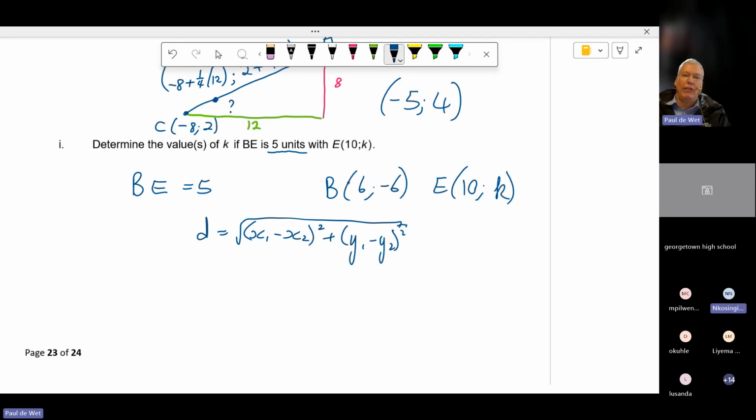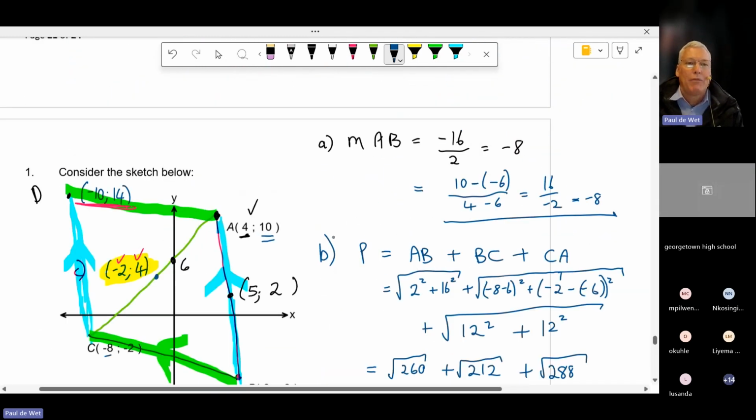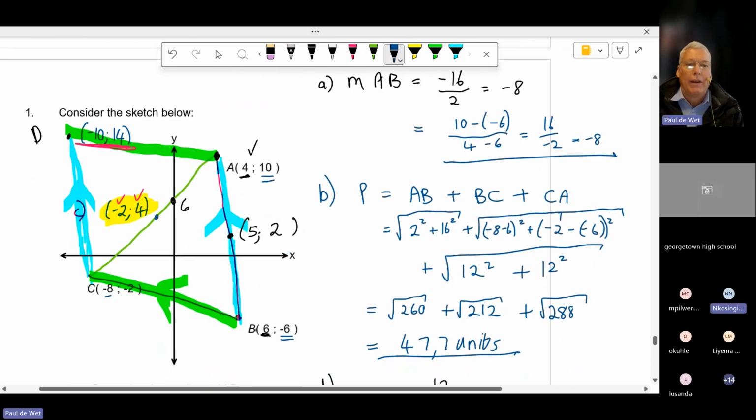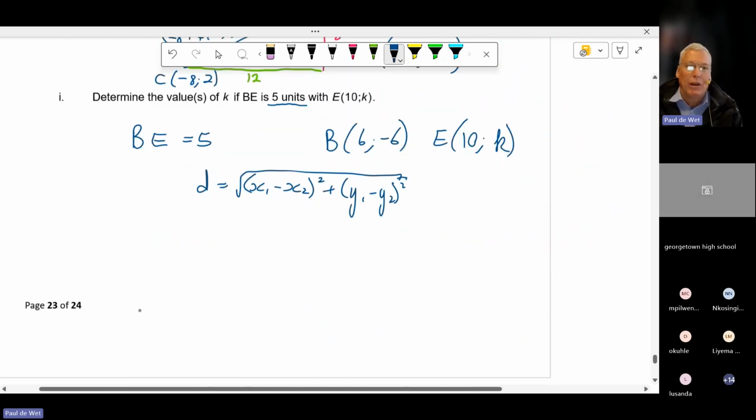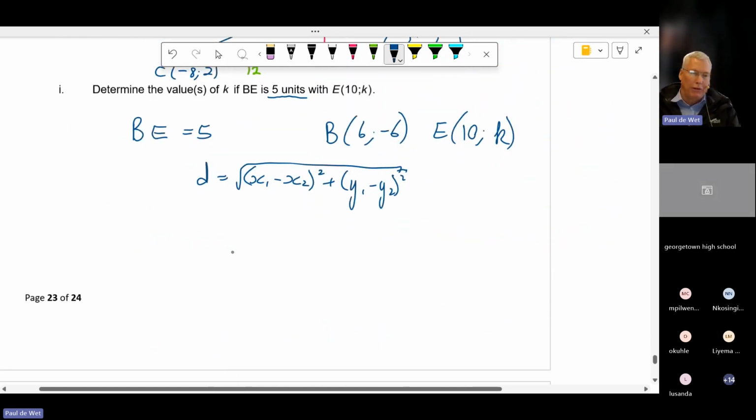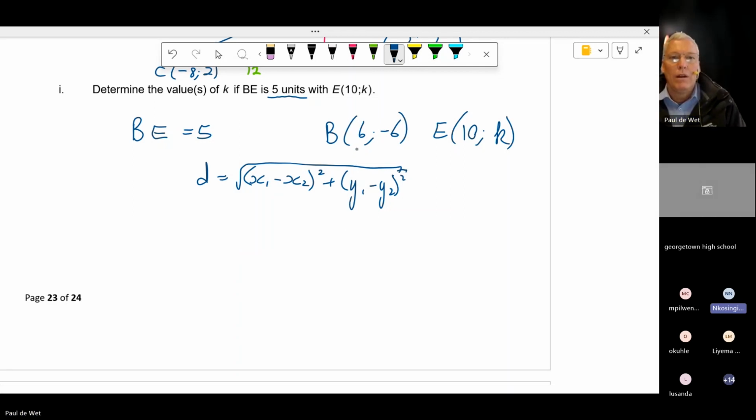Where did you find the coordinates of B? The coordinates of B are in the question, because we're still talking about the same question. Okay, so it's that point there. Because this is question 1, parts A, B, C, D, E, F, G. We're on the very last part of this question, looking at the same diagram.